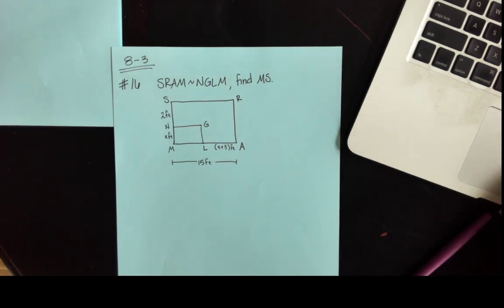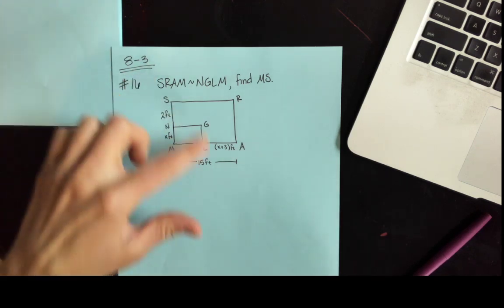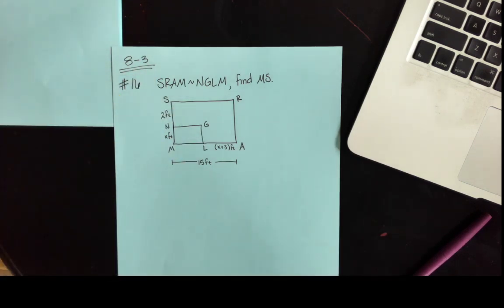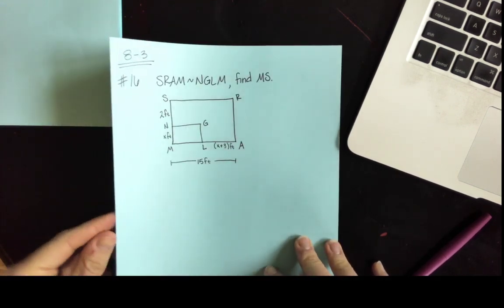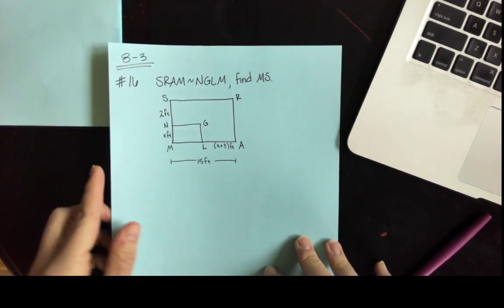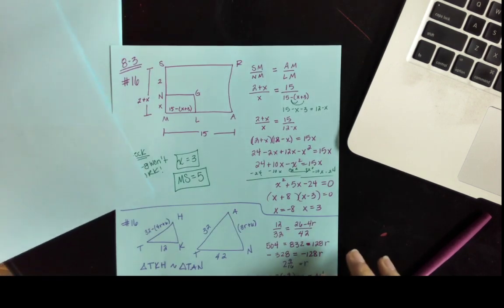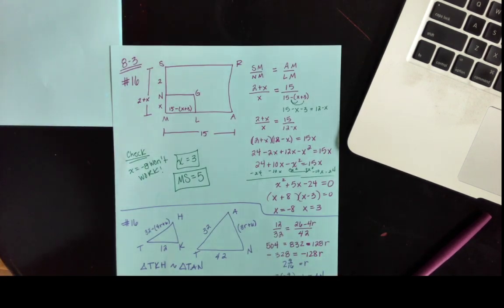And again, there are a lot of number 16s from 8-3, and I wanted to make sure that I answered the question they had asked, but I also went in and did my own work to see what that would look like. So yeah, you can see real quick that I did a lot of work on number 16.